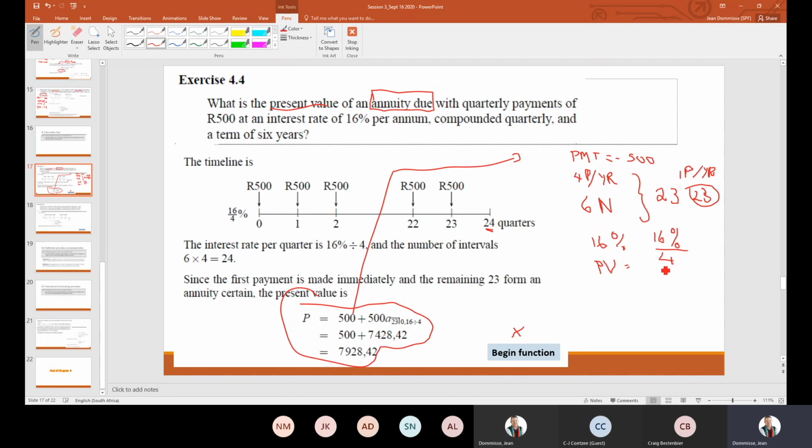So I would rather do it that way, 1 time per year for 23 periods, so that will give me the 23 periods.